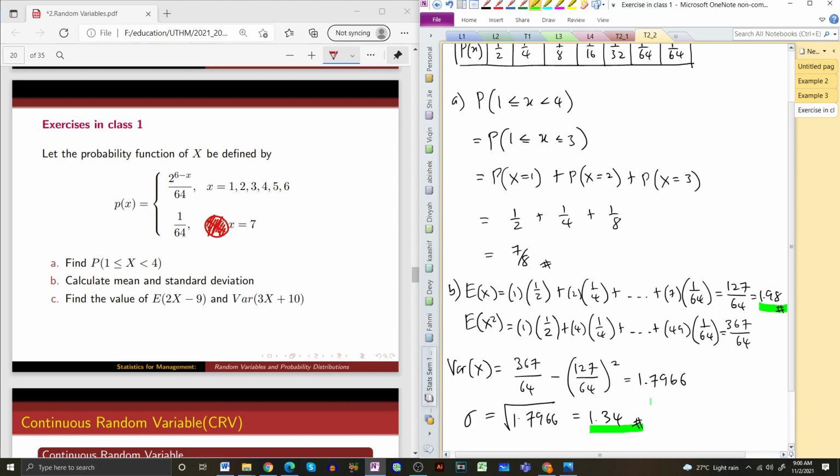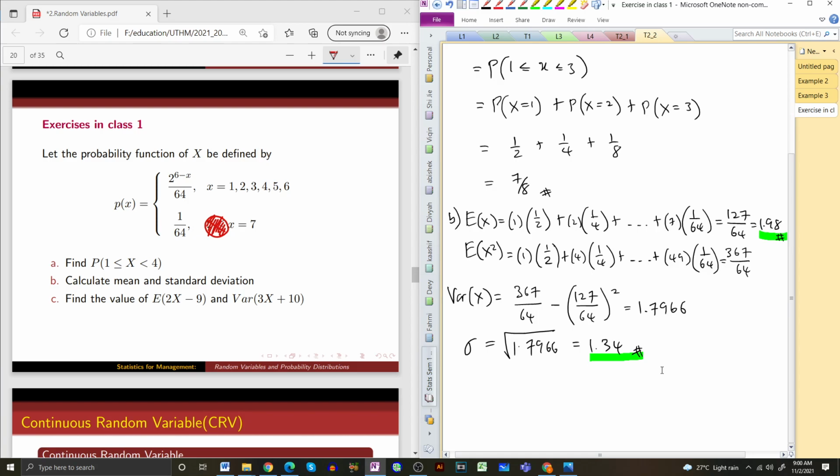This would be your standard deviation, and the final one would be C.